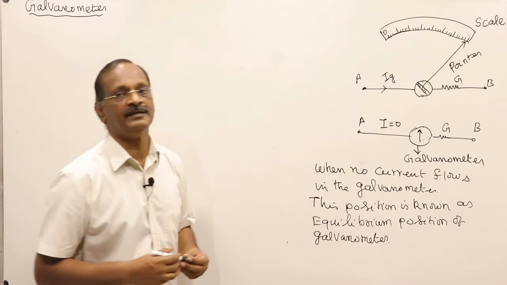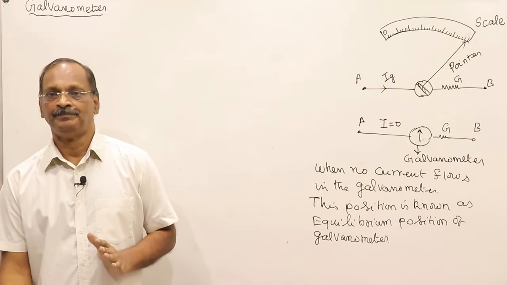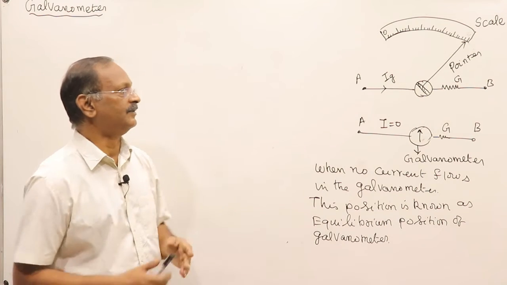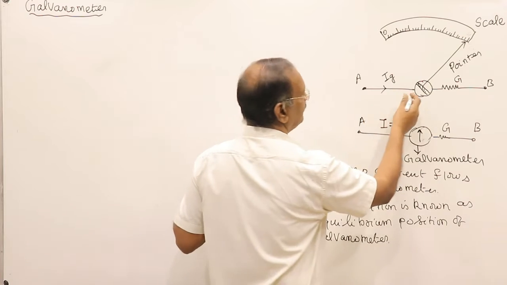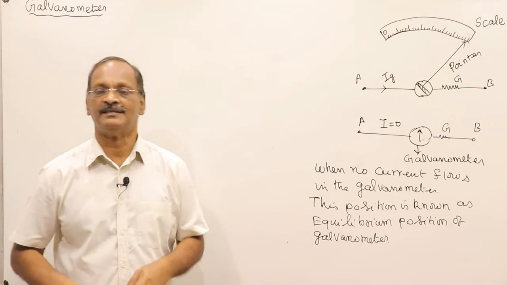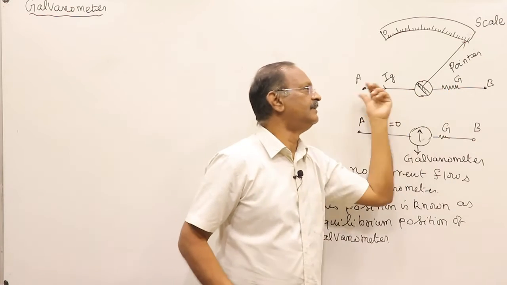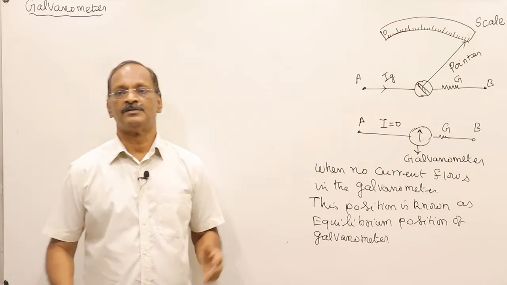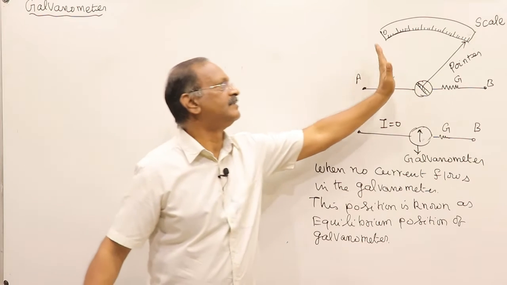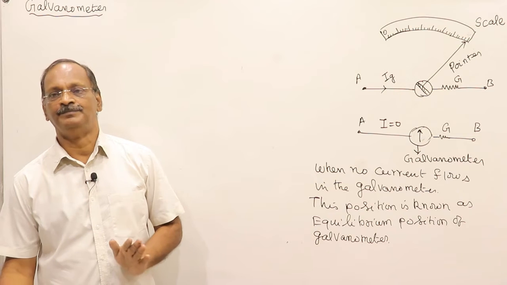It means when no current is flowing, this condition of the galvanometer is called the equilibrium position of the galvanometer. When current flows, this will show deflection. The galvanometer will show deflection, indicating that there is a current flowing through the galvanometer. So when current flows, it shows deflection by means of this pointer. The pointer will move from 0 to the maximum.